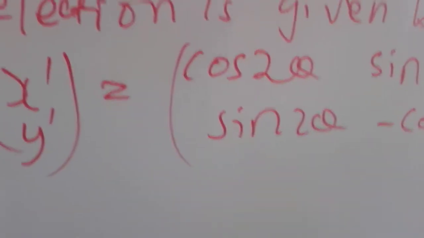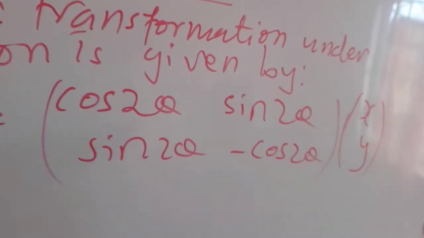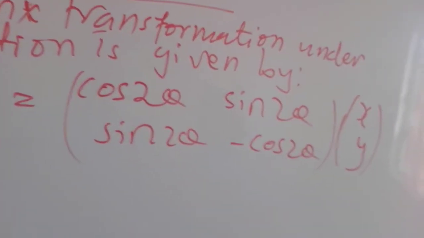So this theta stands for the angle of the line on which the point is reflected.